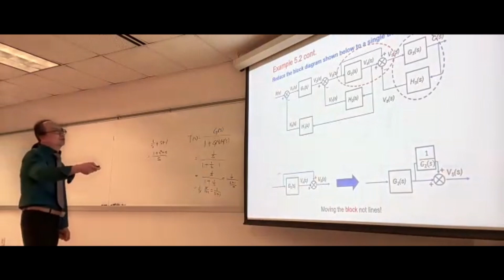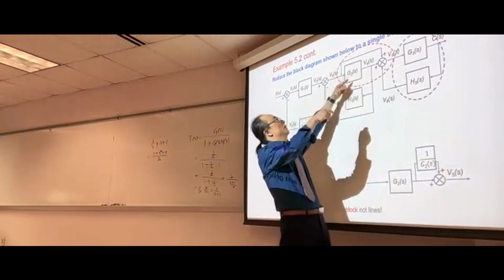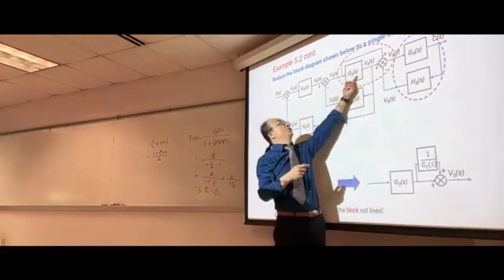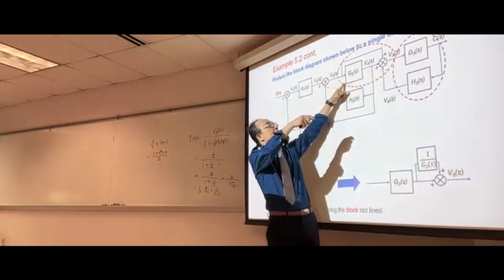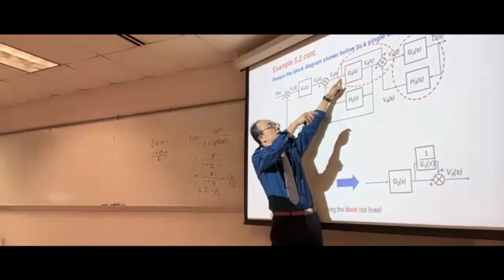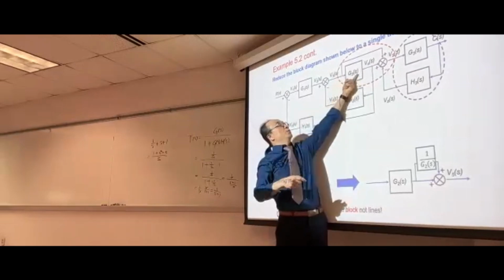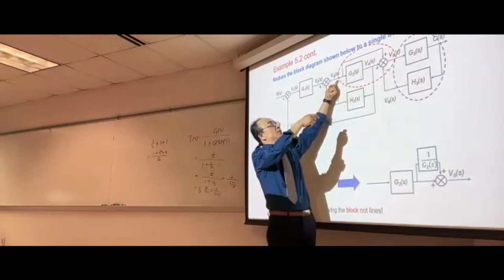So combining these two, and in order to take care of this parallel one, I'm going to move this G2 to the left side of that. And you see this parallel unit going into this summing junction is nothing. This is not supposed to get G2. But after we move this to the left, this line will get G2.